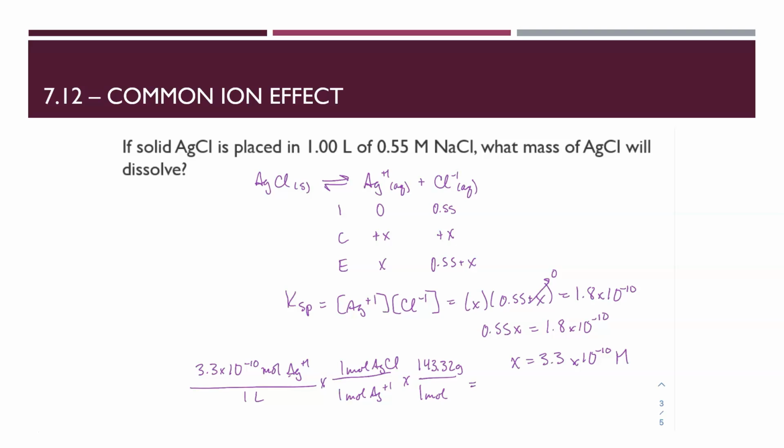So our moles of silver cancels, moles of silver chloride cancels, and we end up with grams of silver chloride, and we get that 4.7 times 10 to the negative 8th grams of silver chloride dissolve in 1 liter. So that answers our question, what mass of silver chloride will dissolve? Not a whole lot is what it turns out to be.